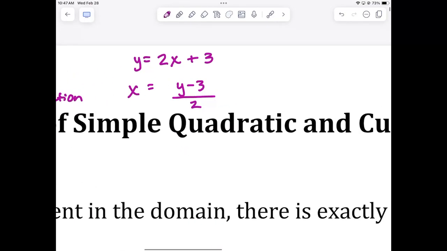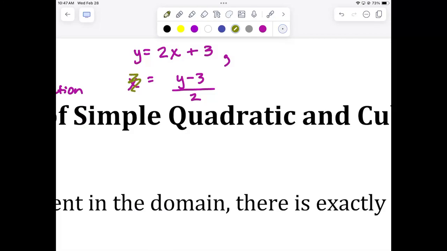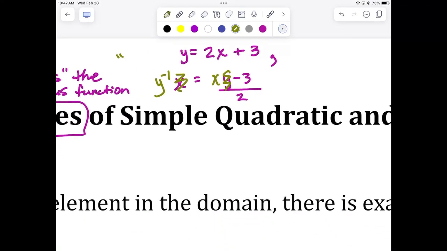Here's the only difference with functions. Once we have our new function, instead of calling this x and this y, we're going to call this y, and we're going to call that x again, but we're going to put a little -1 symbol on that y to show that it's y inverse. That's how I read it: y inverse.